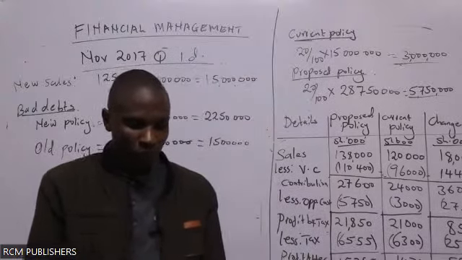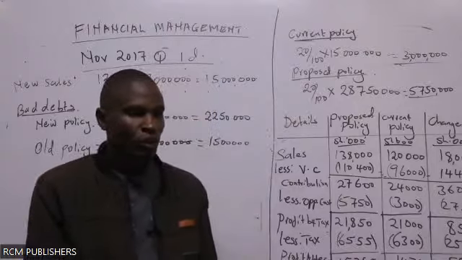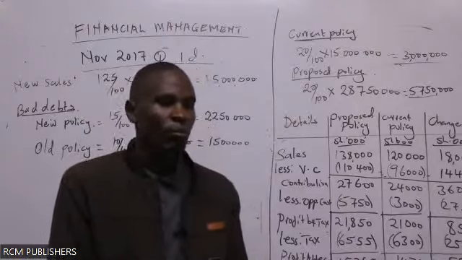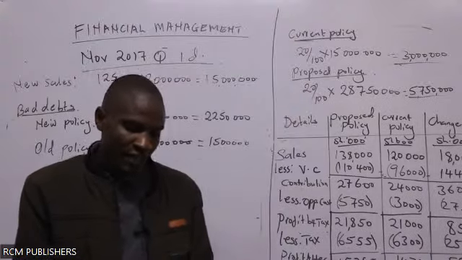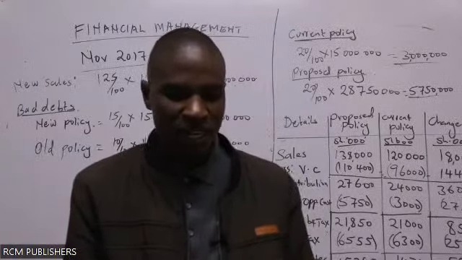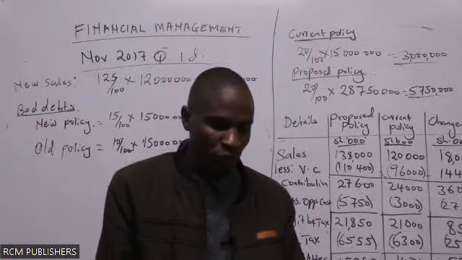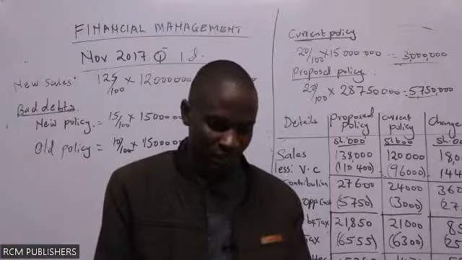And we are told, for the first one, how? Look at the information carefully. The management of Google Limited intends to change the company's credit policy from net 30 to 3/10 net 60.